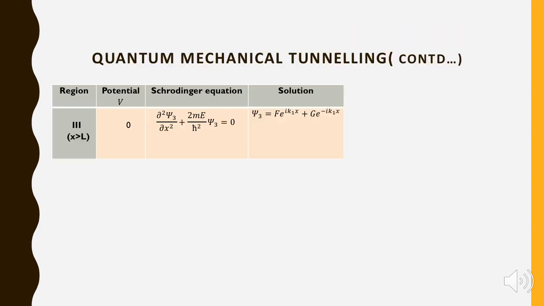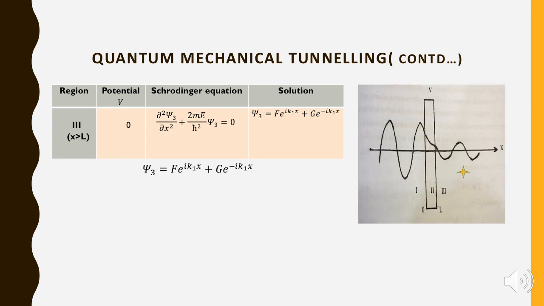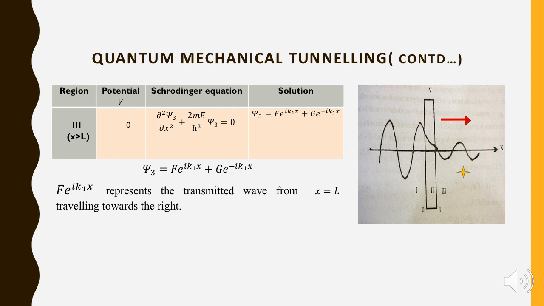Now in region 3, again V is equal to 0, hence the equation takes the form as shown here, and ψ3 = f e^(ik1x) + g e^(-ik1x). Here also the first term f e^(ik1x) represents the wave travelling towards the right from x equal to L. But there is nothing to reflect the wave towards the left.